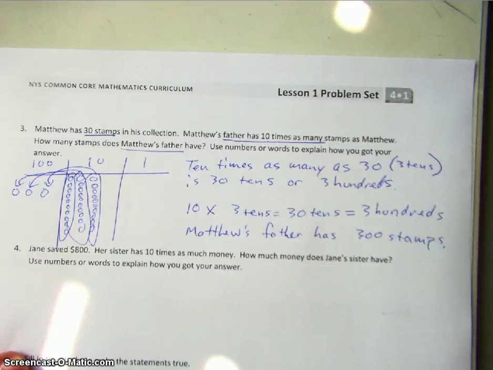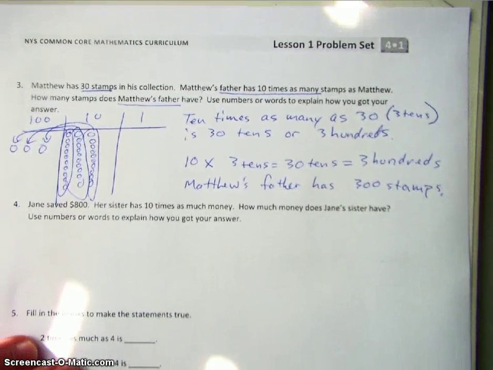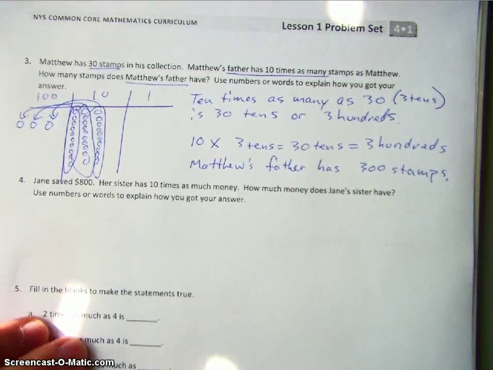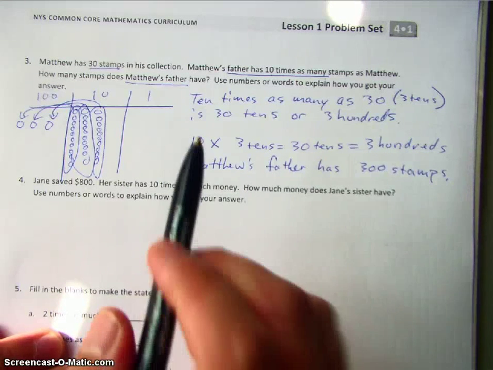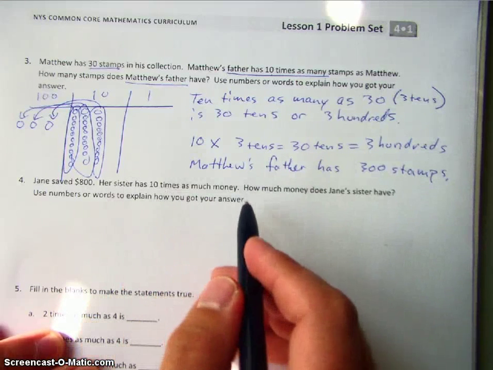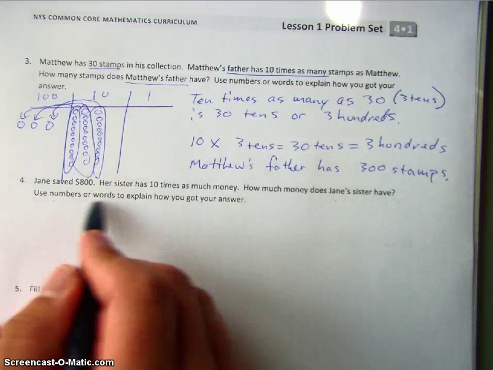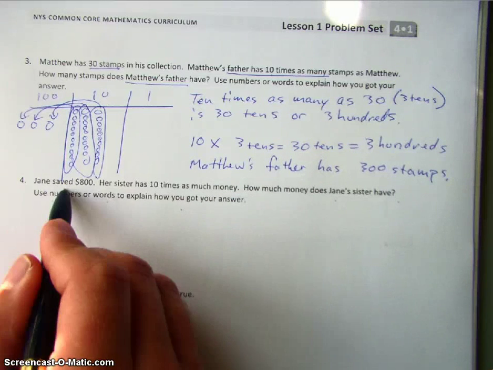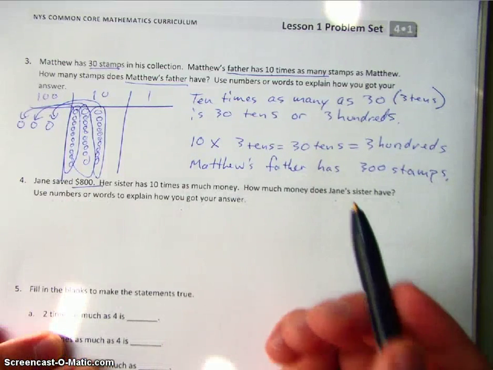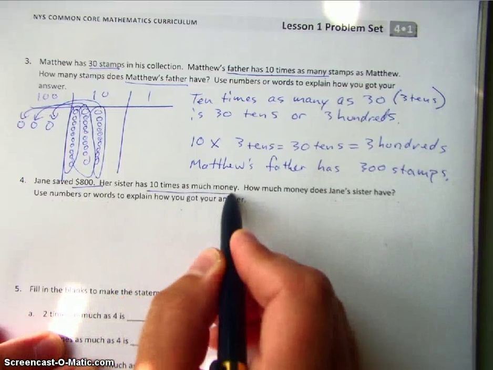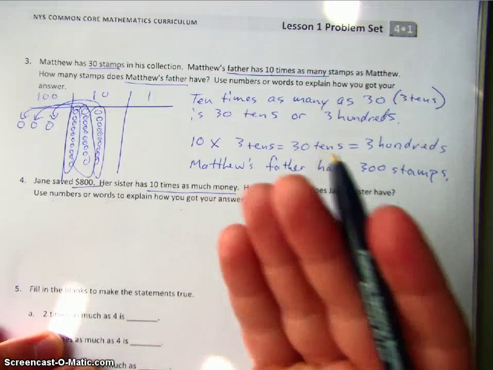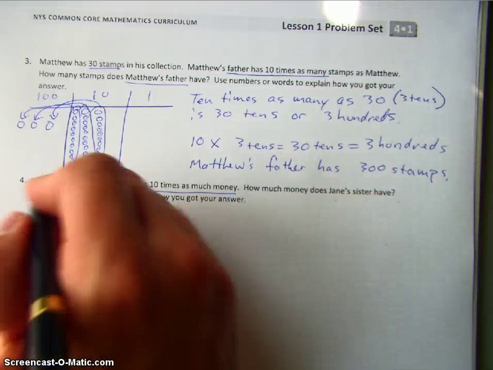All right, moving on to number 4. Jane saved $800. Her sister has 10 times as much money. How much money does Jane's sister have? We're going to use numbers or words to explain. Jane saved $800. Her sister has 10 times as much, so we have to think in our head that she has more money.